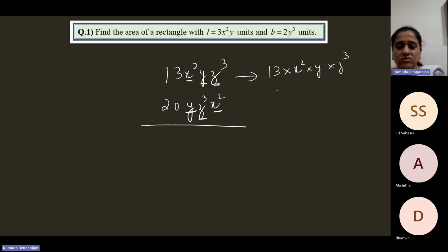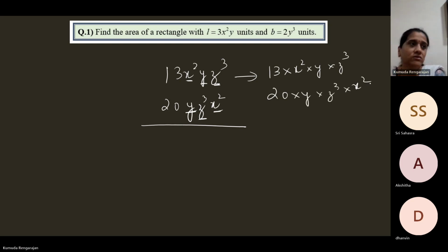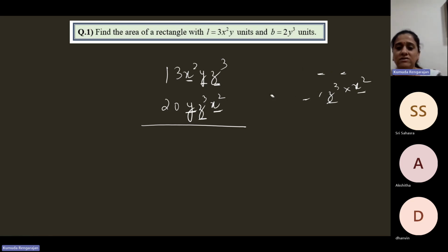So similarly, what is this? 20 into y into z cubed into x square. So x square is here, y and z cubed. So you can subtract. These two are like terms. Though the literal factors are arranged in a different order, we have the same factors. The literal factors are the same, but the order is different.